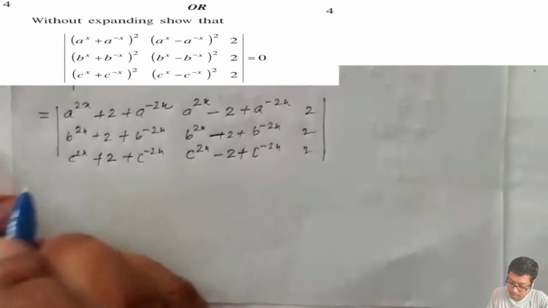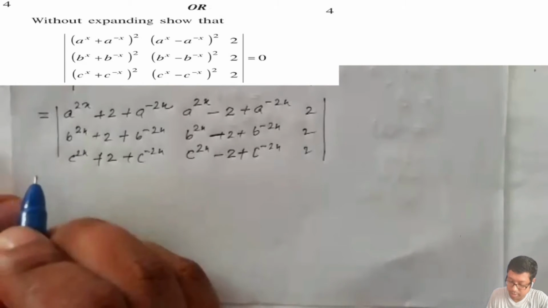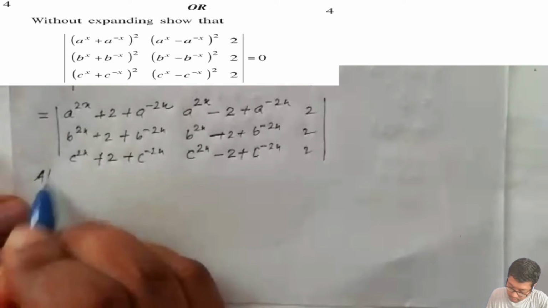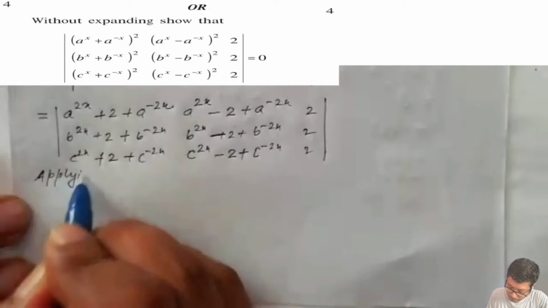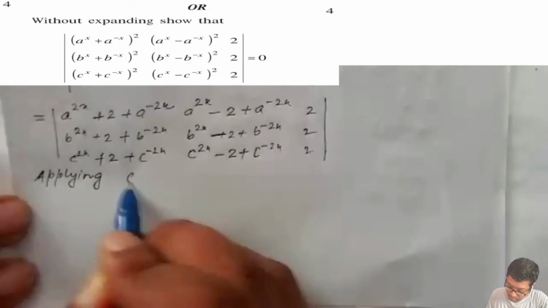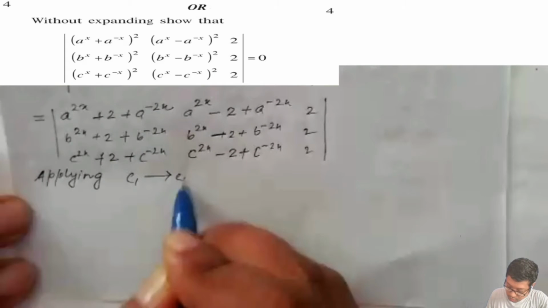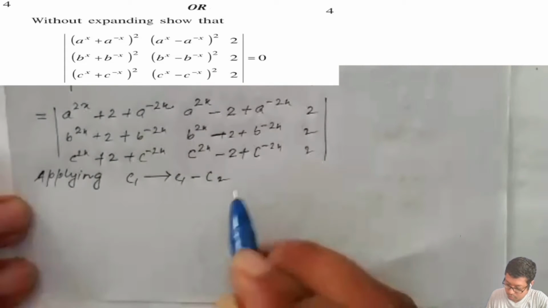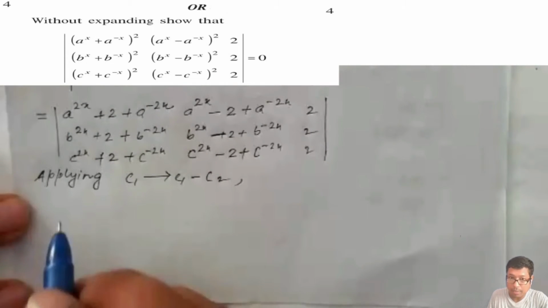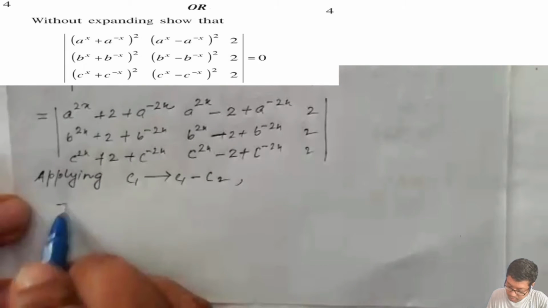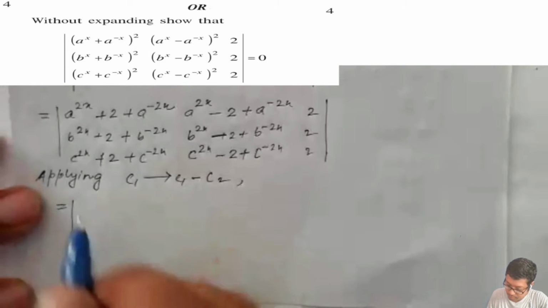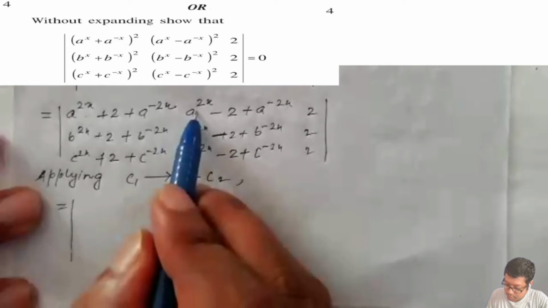After that, I'll be applying some elementary transformation here. Applying C1 goes to C1 minus C2, then what will happen? Let us see. This is equal to this minus this, it will be 0.